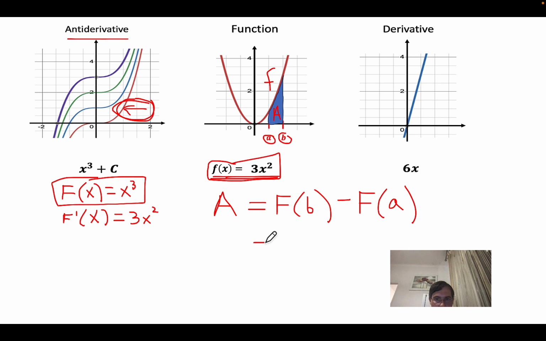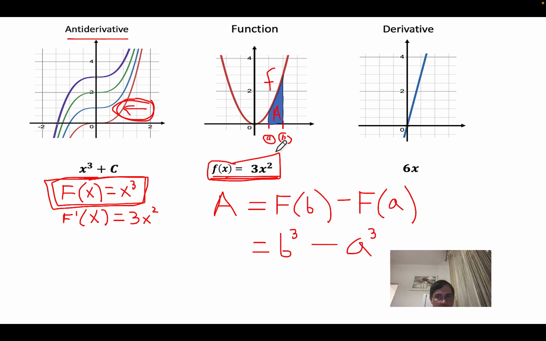So this is equal, well, F of b is going to be b cubed minus F of a, which is going to be a cubed.